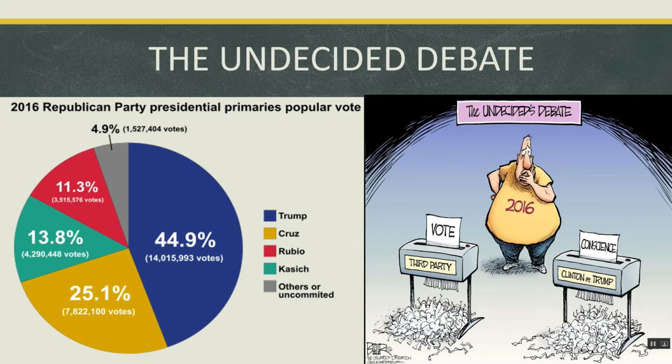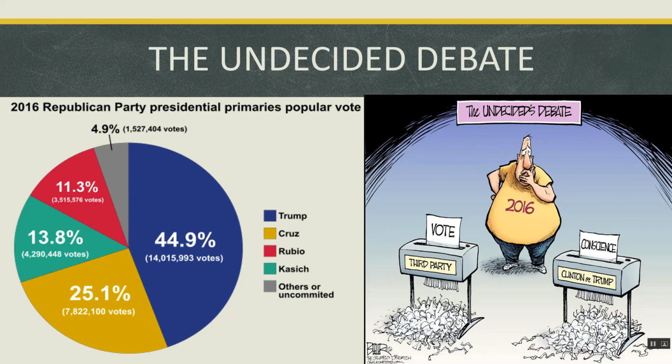For instance, if you look at the pie diagram on this slide, you're going to see the results of the 2016 Republican presidential primary. During the Republican presidential primary of 2016, Donald Trump only received about 45% of the vote. Ted Cruz received 25%, John Kasich 14%, and Marco Rubio got about 11%.